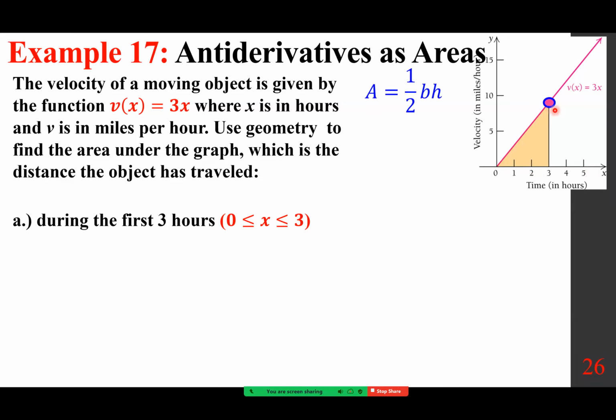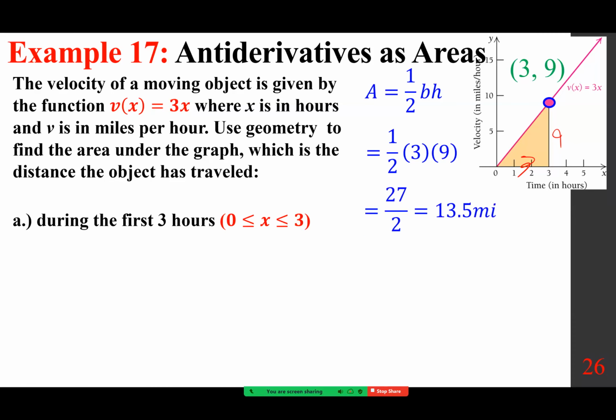This point has coordinates 3, and 3 times 3, 9. Therefore, this is not to scale, by the way. This is 3, everybody, and this is 9. So maybe I write it like this. So this distance is 3, this distance is 9. So 27 halves, or 13.5 miles. So again, distance is area under the curve of the velocity function.